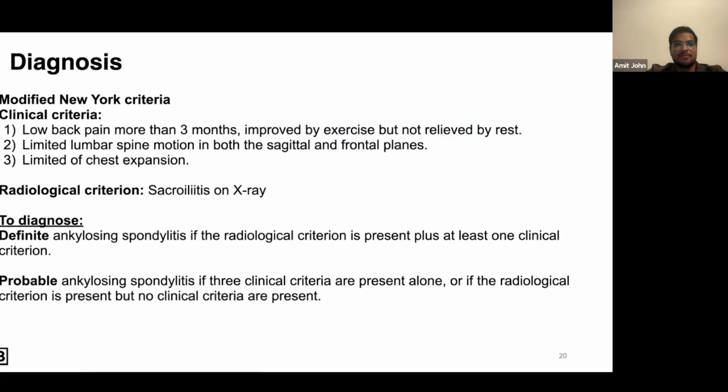On top of that, X-ray findings of sacroiliitis. If the radiological criterion is present and at least one of these clinical criteria is present, then you can diagnose that. Otherwise, it will be probable if all three clinical criteria are present but there's nothing in the radiology findings. So pretty much just remember back pain, limited motion, and limited chest expansion.